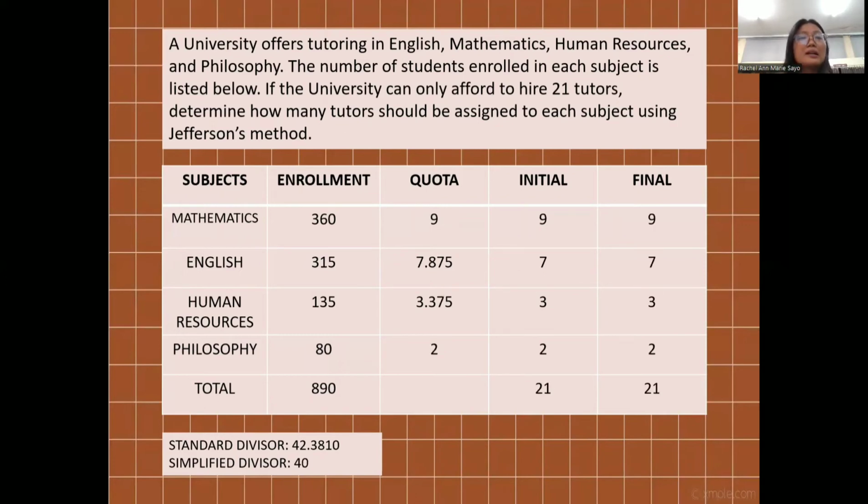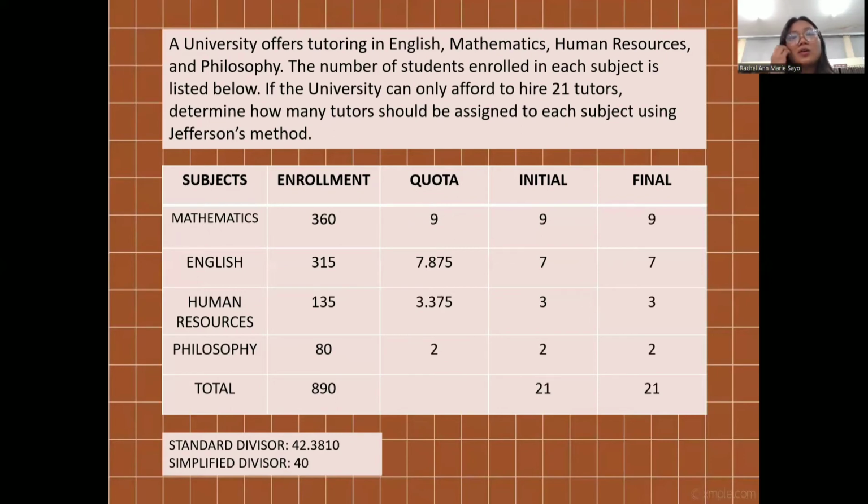Okay, this is what happened. The standard divisor, as shown from the first table, was 42.3810, and the simplified divisor was 42. But since the final was not equal to the initial total, we will have the simplified divisor reduced.